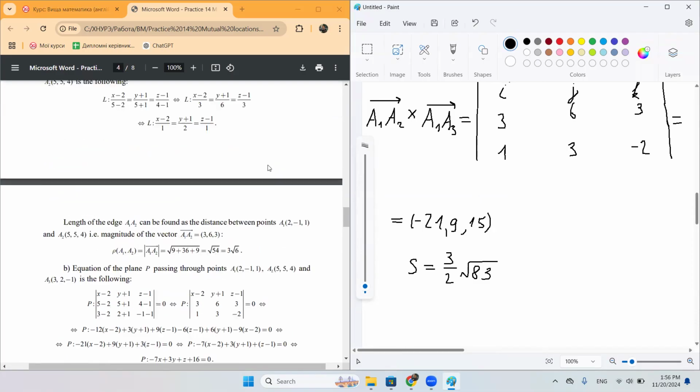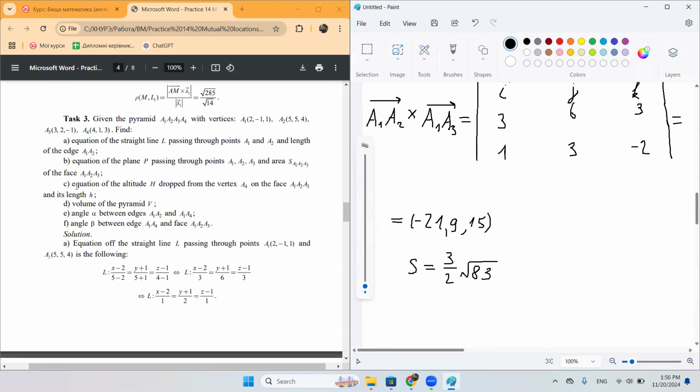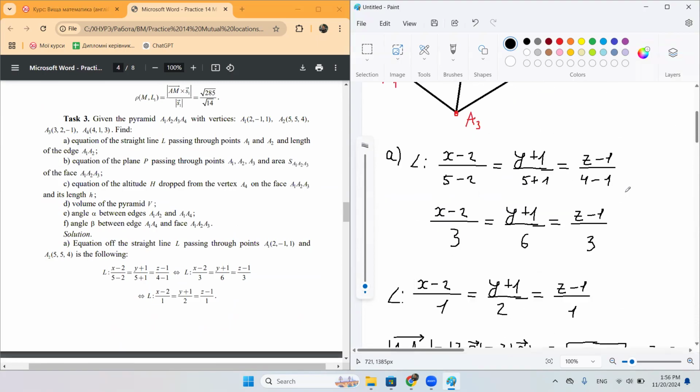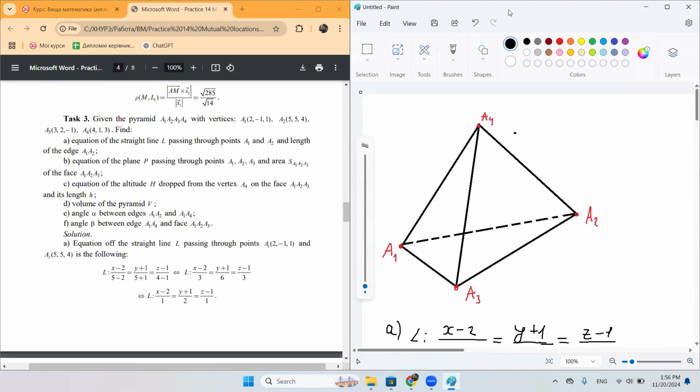Okay, and then we need to find the equation of the altitude h dropped from vertex A4 on the face A1, A2, A3. So let's draw it first of all. So here is the altitude. Straight.